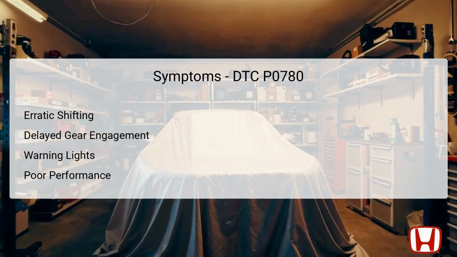Warning lights on the dashboard, particularly those related to the transmission or engine, may illuminate as a result of the error codes stored in the system. Additionally, overall vehicle performance may diminish, leading to a lack of power or responsiveness when accelerating. These symptoms are crucial for diagnosing potential transmission complications and warrant immediate attention to prevent further issues.